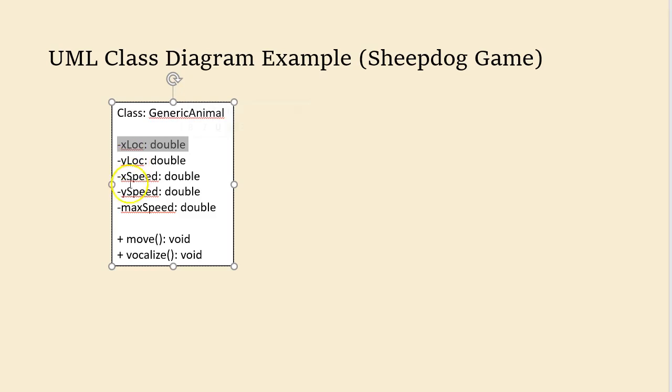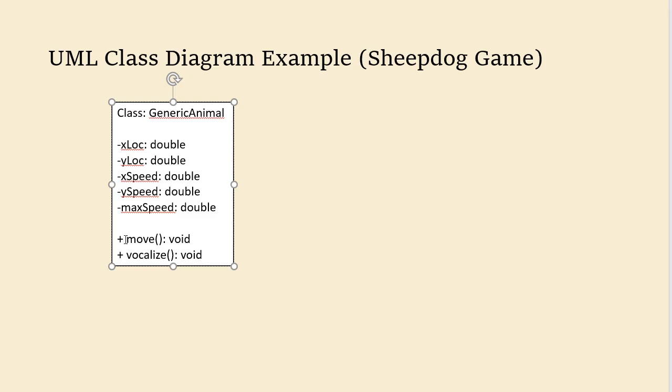After you list all the attributes, you list all the methods. You don't list the code, you just list the method signature and the return type. Same rule applies for visibility. Minus for private, plus for public. All of your attributes should be private. Almost all your methods will be public. So I have public move, plus sign move, no input required.